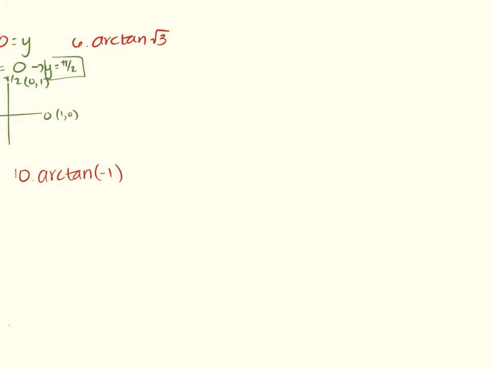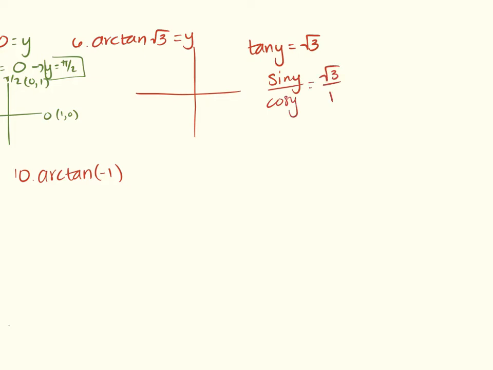And now for 6, we have arctangent of square root 3. So we know that we're going to set this equal to y. So we get that tangent of y is equal to square root 3. Right? So this tells me that sine of y over cosine of y is equal to square root 3 over 1. Okay, so I need to find where sine is square root 3 and cosine is 1.